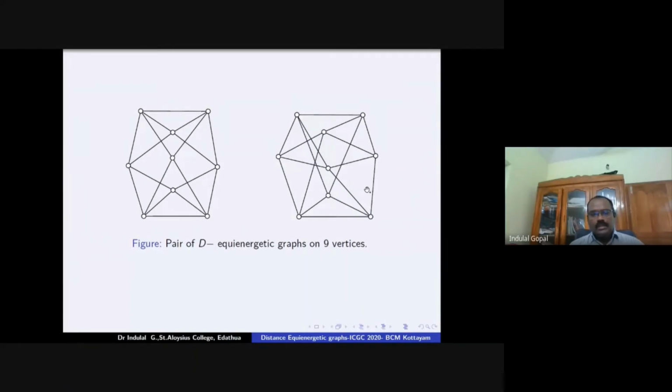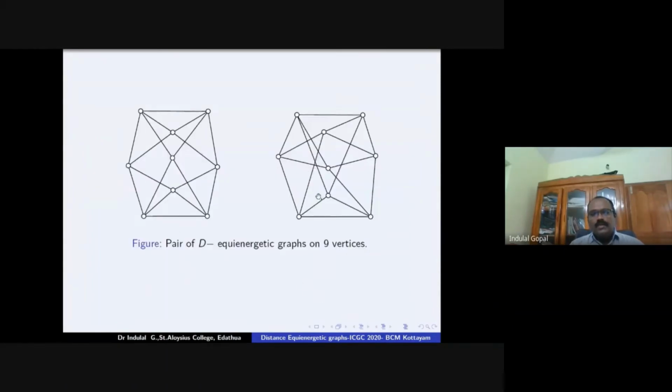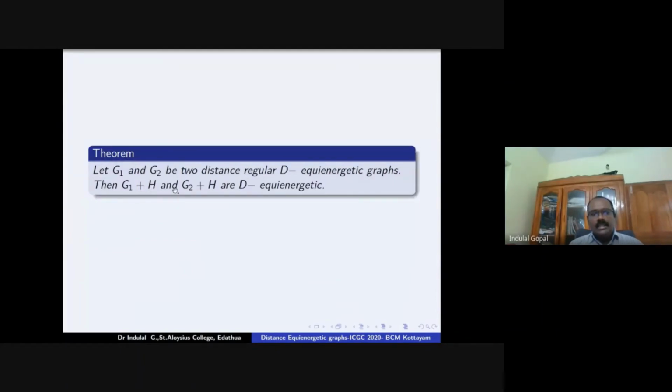These are two distance equi-energetic, non-cospectral, regular graphs with diameter 2 on 9 vertices. If we consider any other graph H, and use G1 and G2 as these two graphs, then the Cartesian products of G1 with H and G2 with H are D equi-energetic.